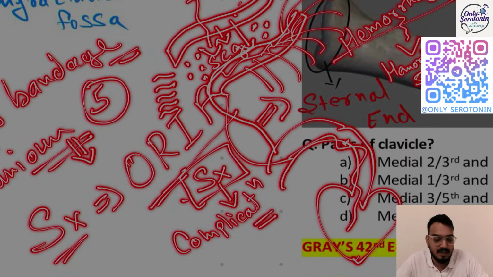So it can happen, guys, that because of the operation, all these 5 major branches can get ruptured or damaged, right? They will have some kind of injury and the patient can go into permanent paralysis of any of the branches, either the musculocutaneous or the radial or the ulnar, whatever it is. Okay, done.